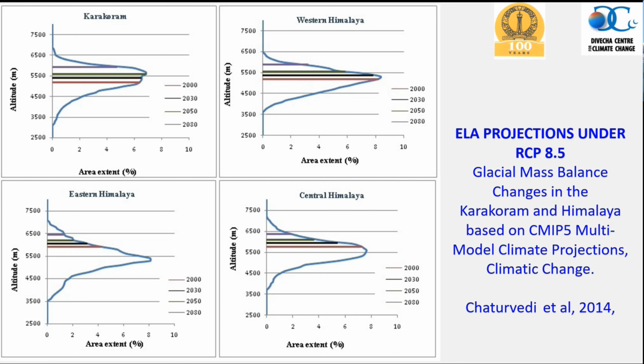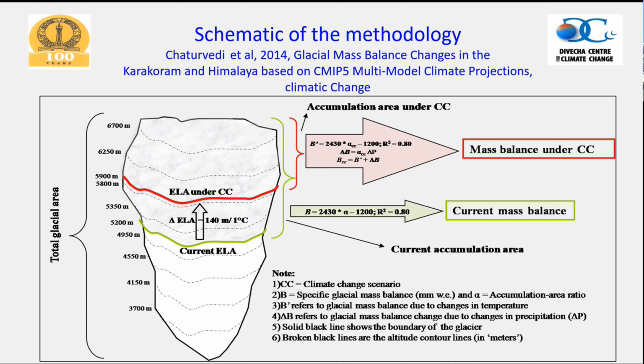So now, if we go back to the previous slide and try to understand how we can estimate the future change in mass balance and try and accommodate increase in precipitation into that.